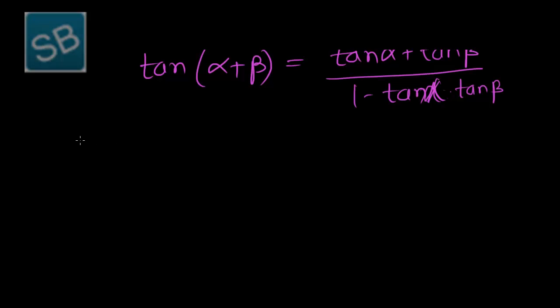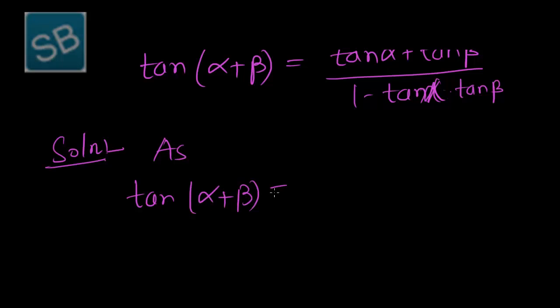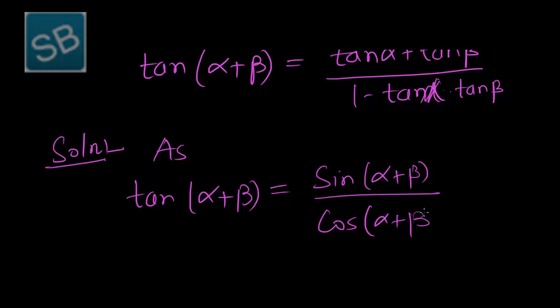So how can we derive this? Obviously, with the help of sine and cosine formulas. As tan(alpha plus beta) is equal to sine(alpha plus beta) over cos(alpha plus beta).